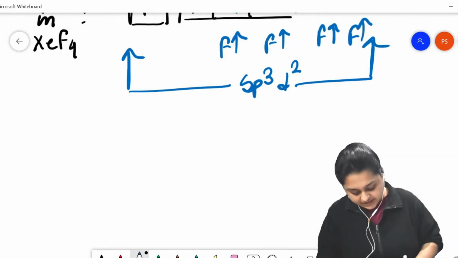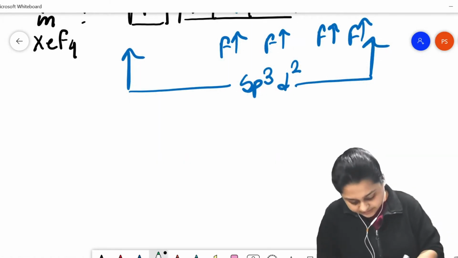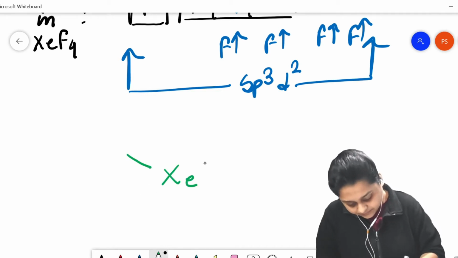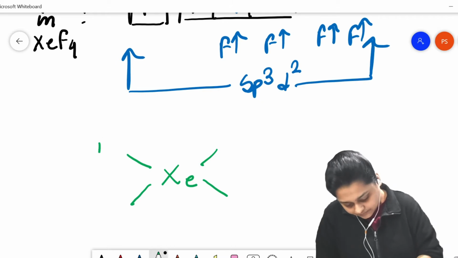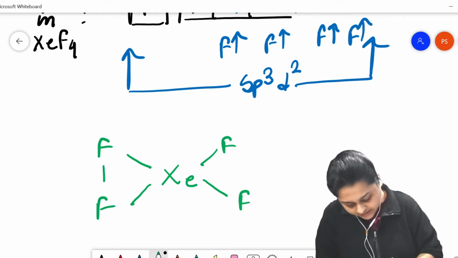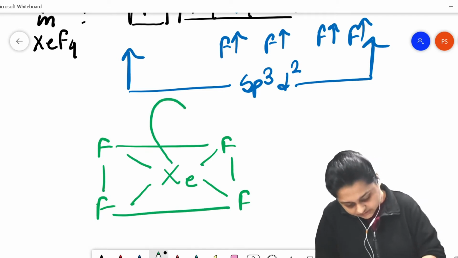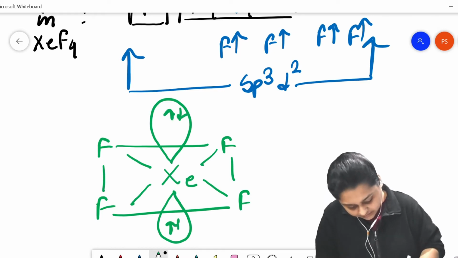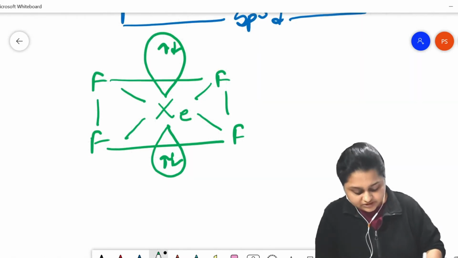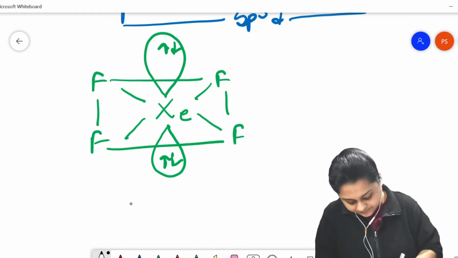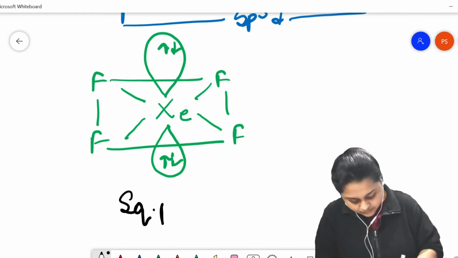So as a result, the structure will have the 4 fluorine atoms on the square planar plane, and the 2 lone pairs will be perpendicular to the square planar plane. We know the name of the structure is square planar.